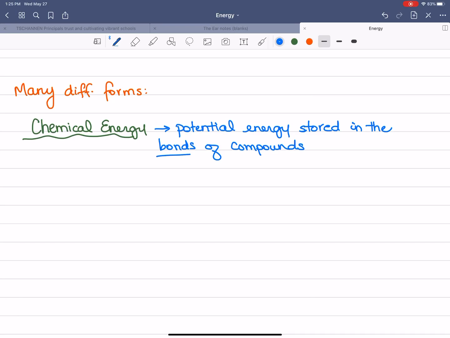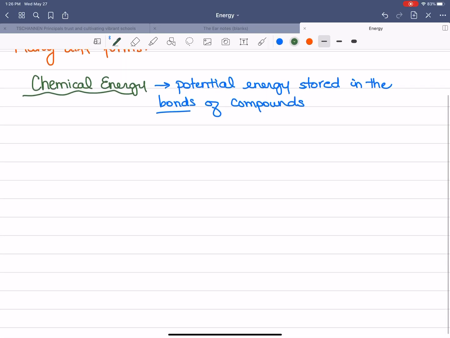And sugars are very large substances, very large chemicals with lots of bonds, and therefore lots of stored potential energy. And then when my body ingests the sugars, it uses a digestive system to systematically break those bonds. So one by one, those bonds are being broken by my digestive system, and every time those bonds are being broken, energy is being released. And that energy is then used to fuel my cells to be able to do work. Okay, so that energy is stored in the bonds between the compounds.